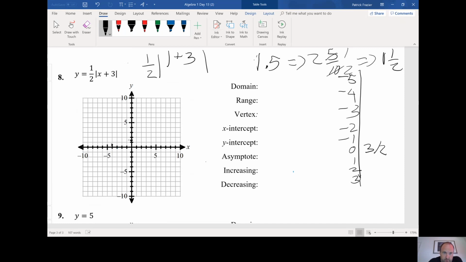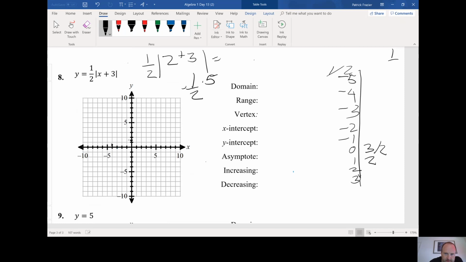The absolute value of 4 is 4. 4 times 1/2 equals 2. And then when x equals 2, 2 plus 3 equals 5. This time it'd be 1/2 times 5 over 1, so that equals 5 halves, which is the same thing as 2.5.